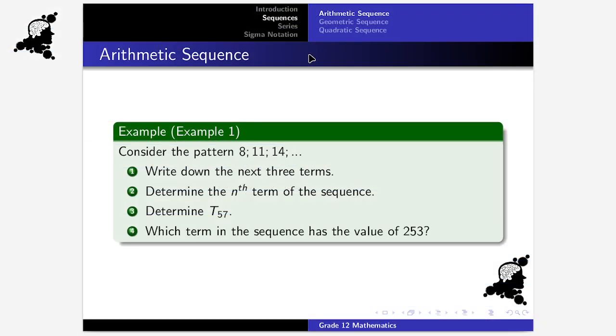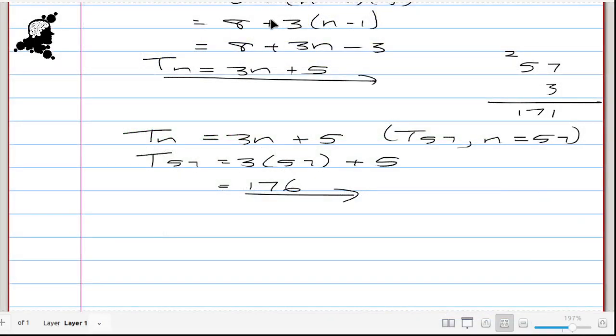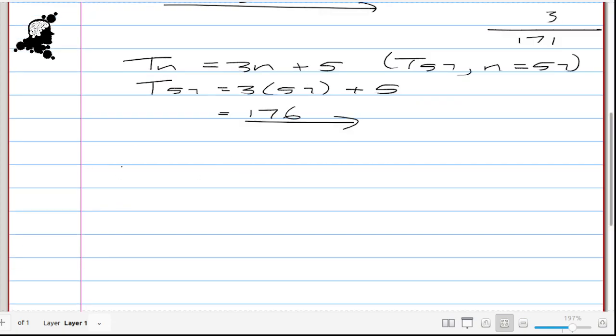Which term in the sequence has a value of 253? What we're told in this instance is we need to find out the value of n for which Tn is equal to 253. Remember that earlier question that asked us to determine the general term?